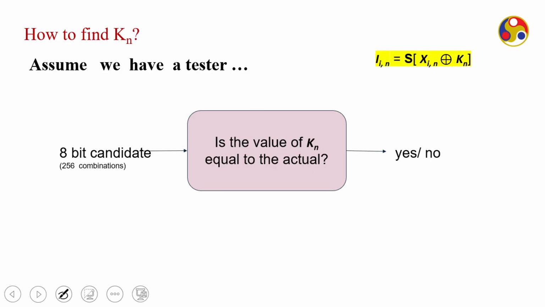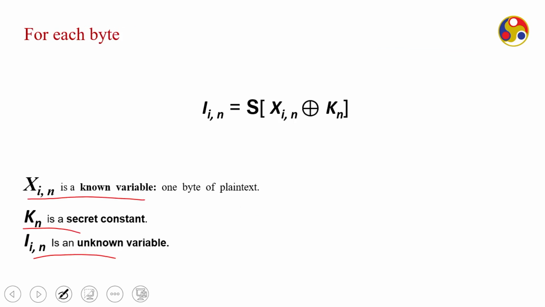So now I try to develop this algorithm, right. Can I have some tester which can identify the key? If you go back here, I know this, I do not know this and I have no access to this, and I try to guess this value, right.